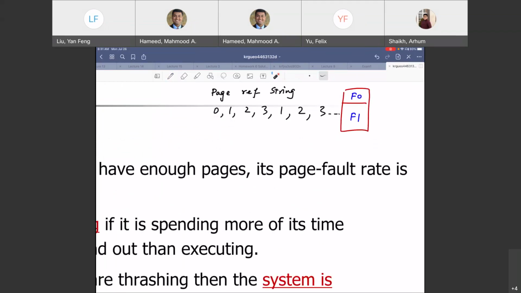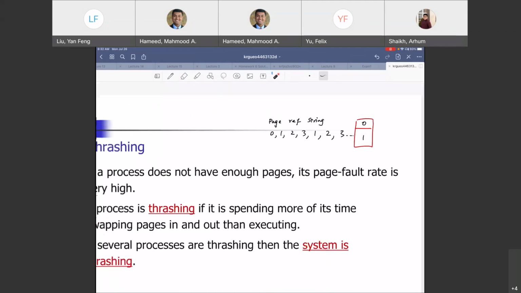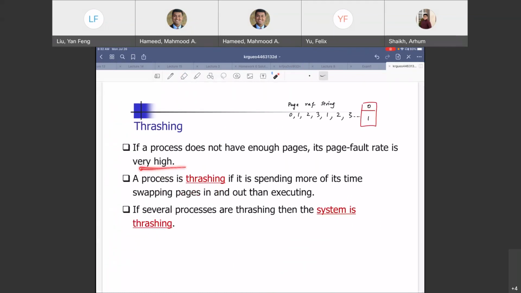These are all page numbers. If it goes this way, how are you going to fit in? Page 0 is not there, so you will first bring it in over here. Next, you will ask for page 1. It's not there, so you will bring it in over here. And what are you doing after that? 2, 3, 1, 2. Continuously, you're doing page faults, replacing pages, because you had 4 options and only 2 frames. So its page fault rate is going to be very high because of that.